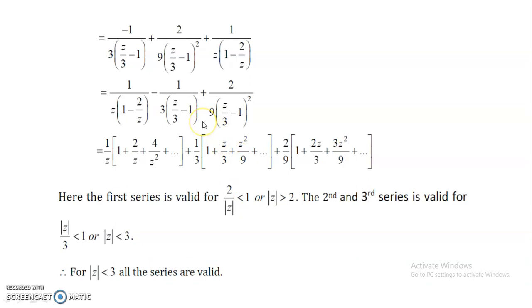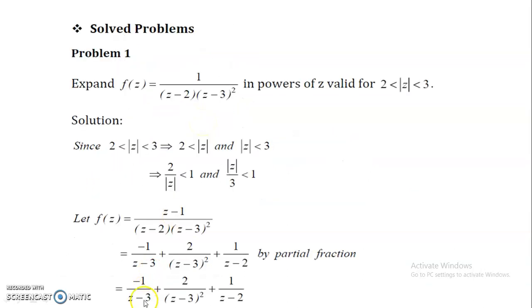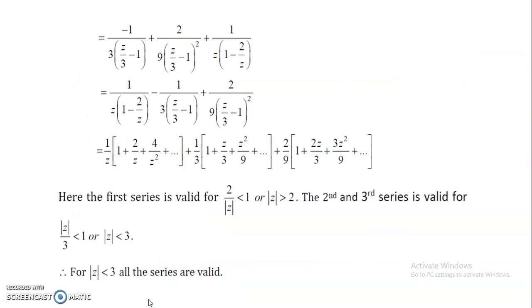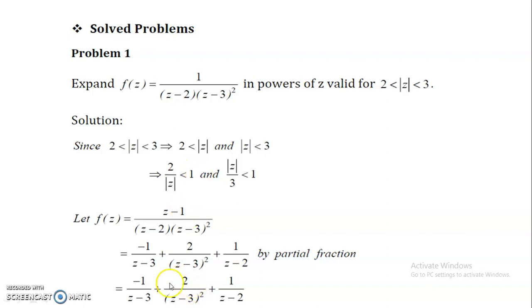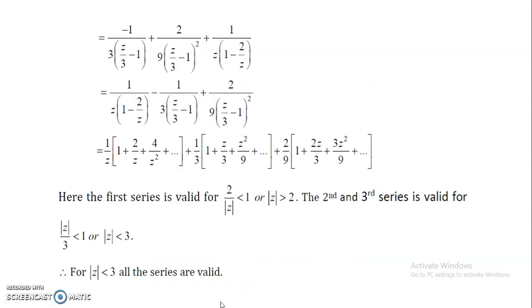Then we take 3 outside, because mod z is less than 3, so we write z by 3. In the second expression also we can take 3 outside. And here we take z outside since mod z is greater than 2.